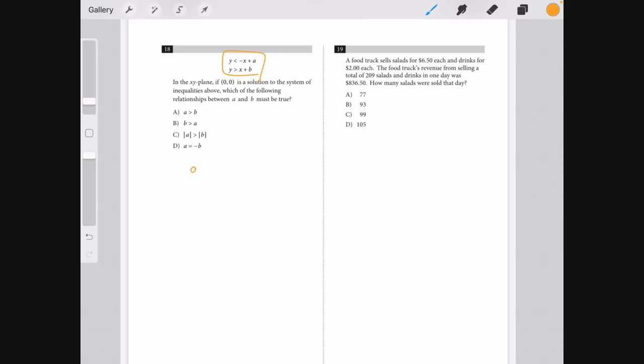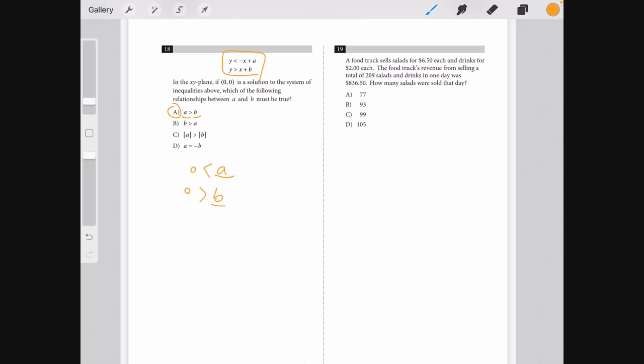So 0 will be less than a, 0 will be greater than b. Okay, so b is less than 0, a is greater than 0. So a is definitely greater than b. Done. A is the answer.